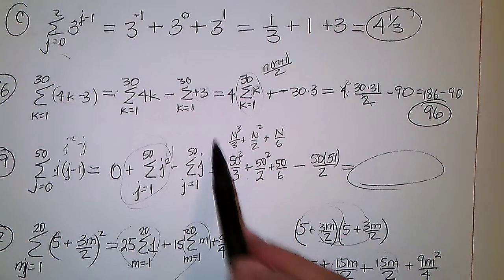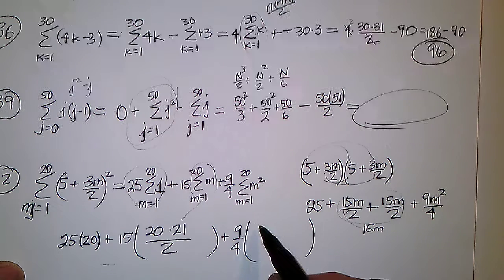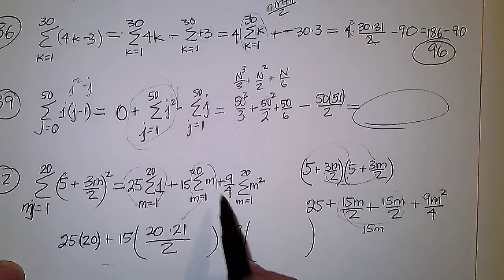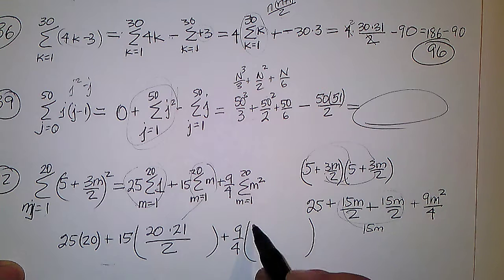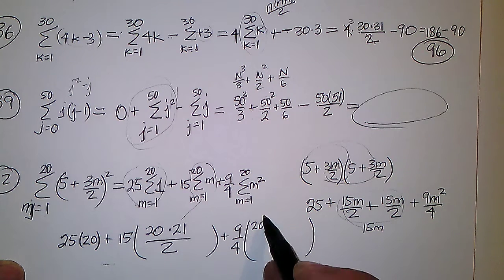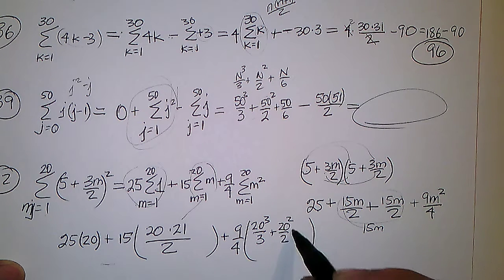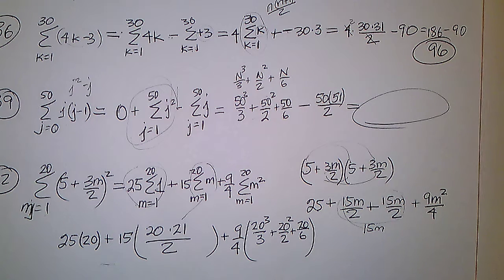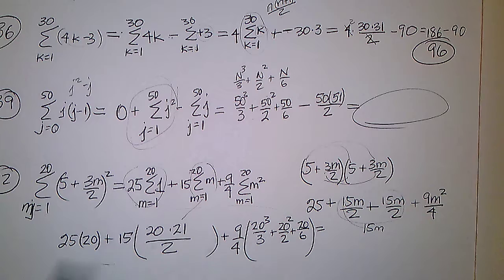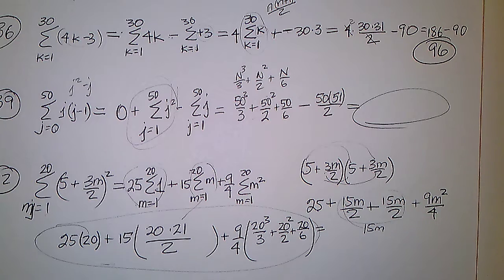And the formula for the squared is this. So it's going to be 20 cubed over 3 plus 20 squared over 2 plus 20 over 6. So if I work this expression out, I'll get the answer for this.